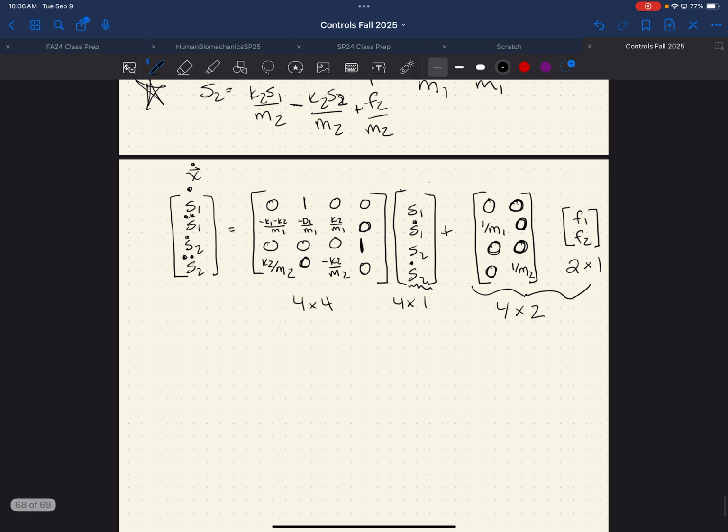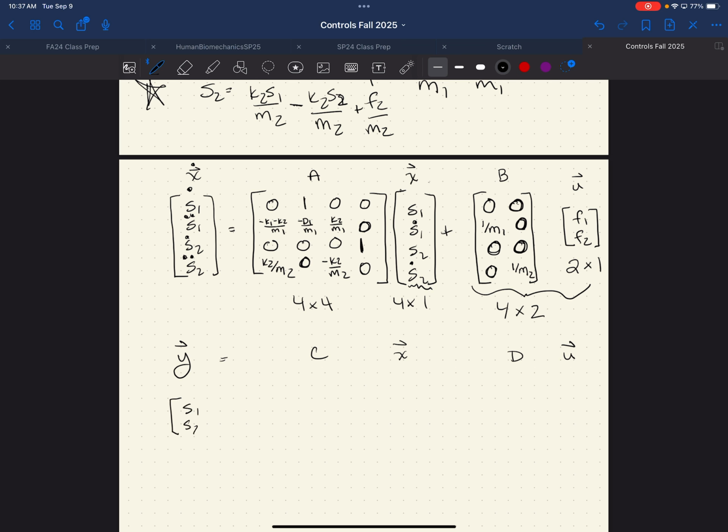That, my friends, is our state equation: AX plus BU. Are we done? We've got to do the Y vector. Yep. Let me go ahead and add this just for reference: Y equals CX plus DU. I know my Y vector is what?